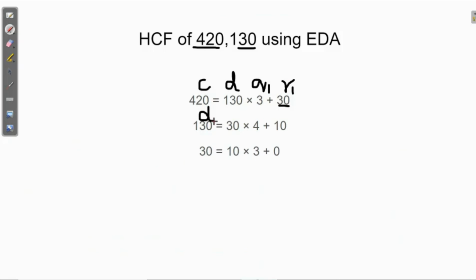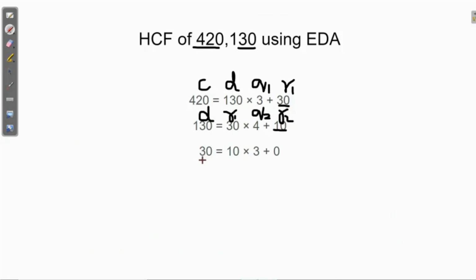D will become my C value, and R1 will become my D value now. So again I'll get Q2 and R2. Is my R2 0? Nope, it's not 0. Again, I'll continue.